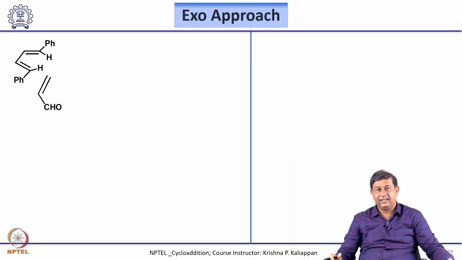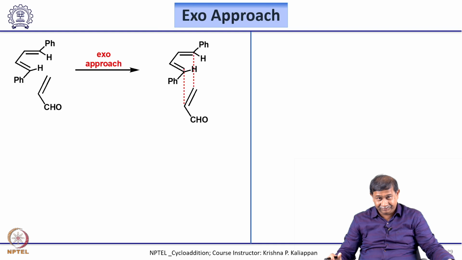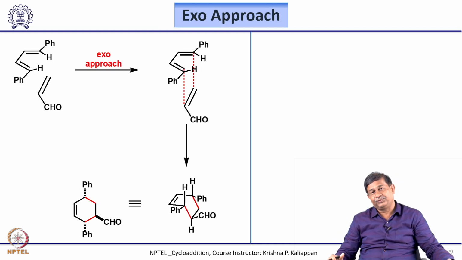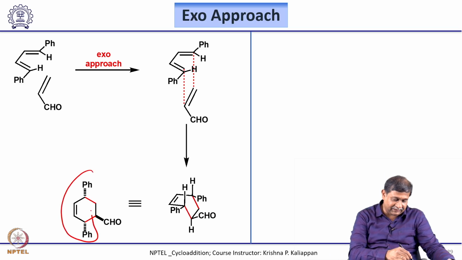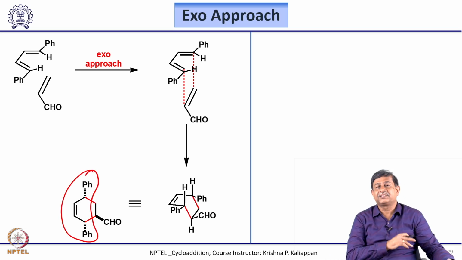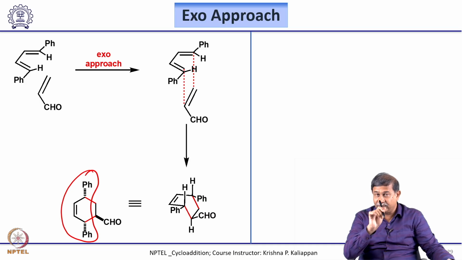Is it clear? Now the same thing for exo, you draw the same transition state. If you look at this conformation, this stereochemistry does not change, because that is already there in the diene. That is what I said.